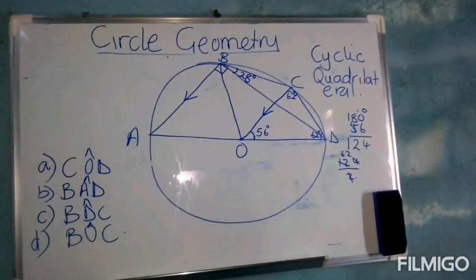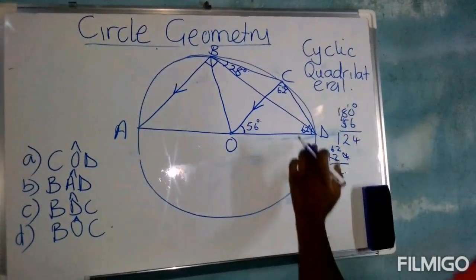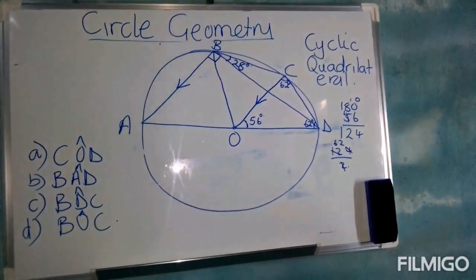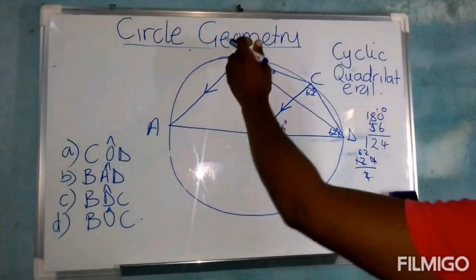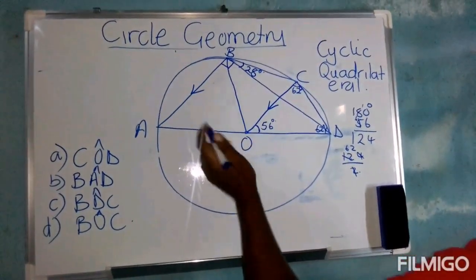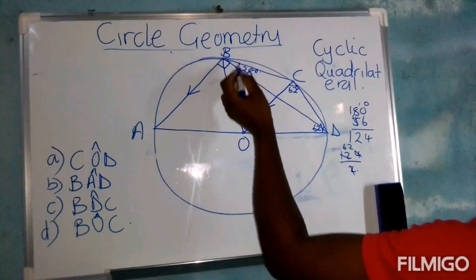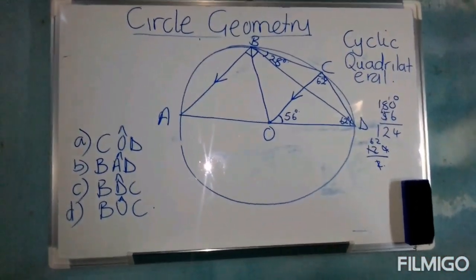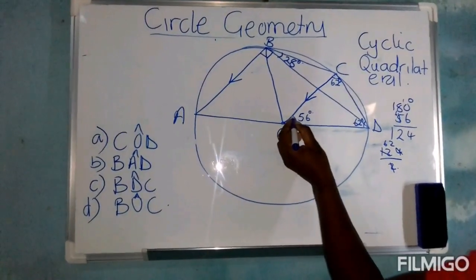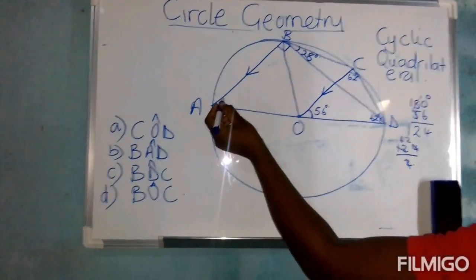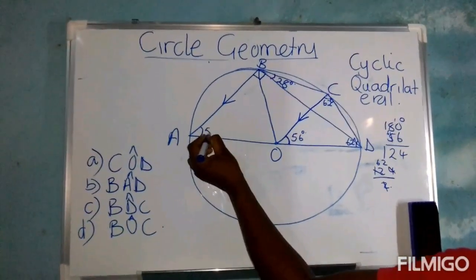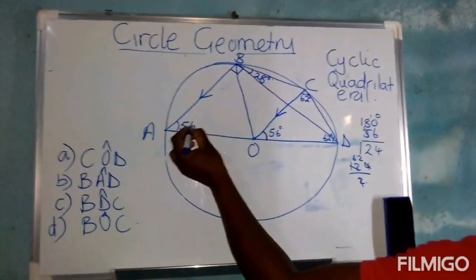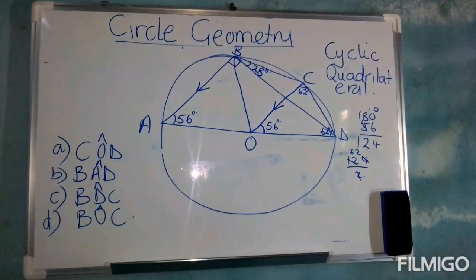Then if we look at this, it is a straight line, and we know that these parallel lines are going to form what we call Z angles. And also this angle is equal to this angle, which is equal to 56 degrees.